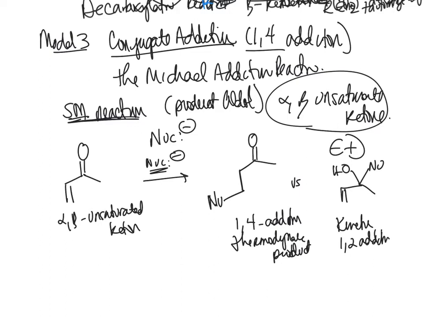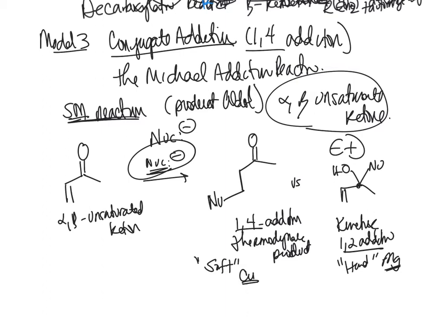And you'll find that certain nucleophiles will go 1,2. Other nucleophiles go 1,4. 1,4 nucleophiles tend to be what we call soft nucleophiles. Those are going to be copper. Kinetic are hard. And those are going to be your group 1 and 2. They're like magnesium.